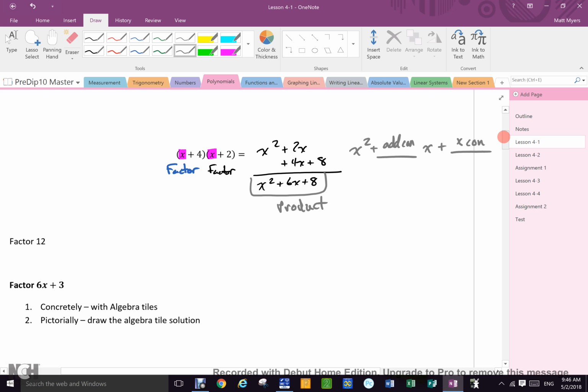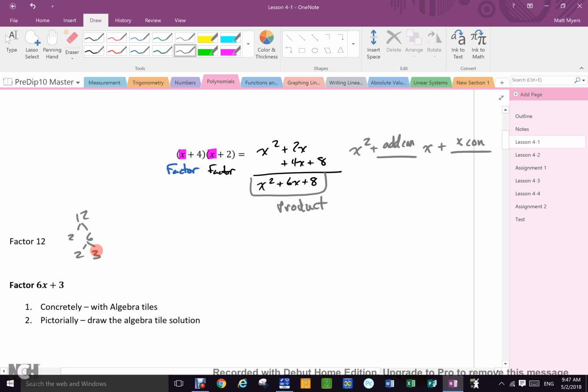Next, all that is done. Now, when I say factor 12, we already have done prime factors of 12, haven't we? Right? Back in the radicals unit, we took 12 and we broke it down to 6, to 3, and that was what we called factoring, yes?